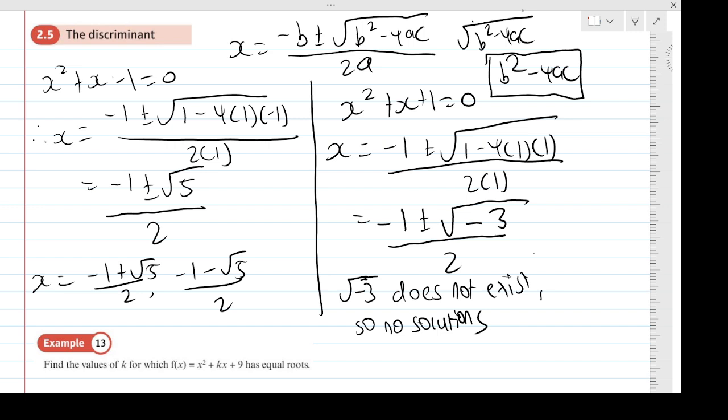If this expression is greater than or equal to 0, a solution exists. Great, because obviously it's not negative. But on the flip side, if it's less than 0, a solution does not exist.